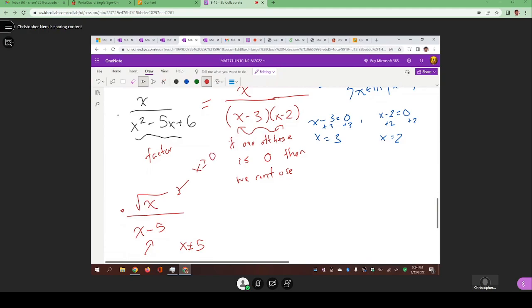So if I combine those two together, my statement says it's going to be all x in the real numbers such that x is greater than or equal to 0, and x does not equal 5.